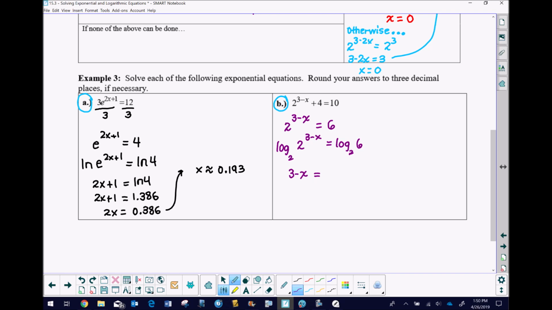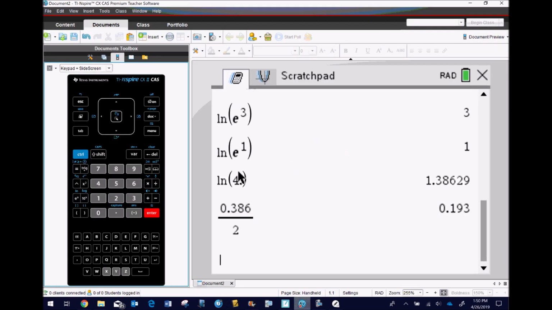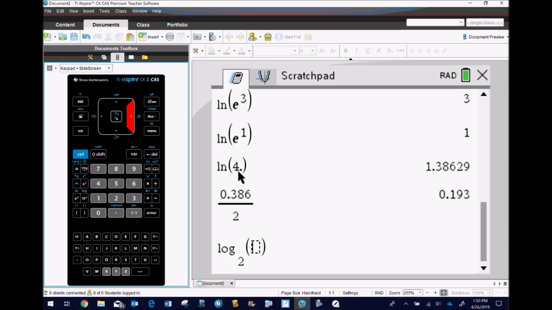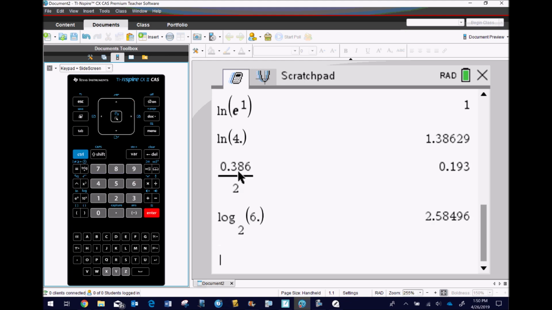Can you imagine? Like, what power do you raise 2 to get 6? So we go to our calculator, and however you have to figure it out, whether you use the quotient of 2 bases of 10, or if you do what I'm doing, you're going to get 2.58. I'll tell you what, let's round that to 2.585.